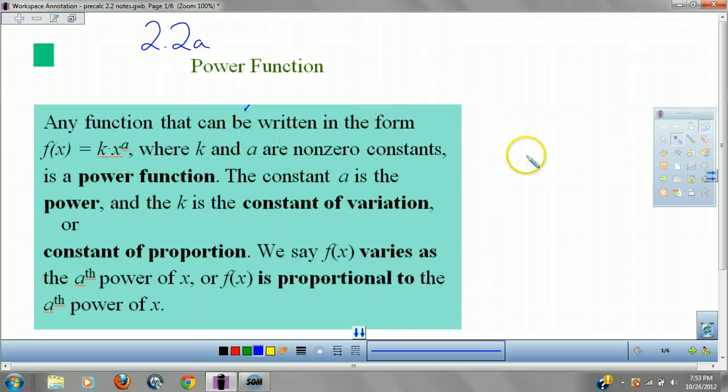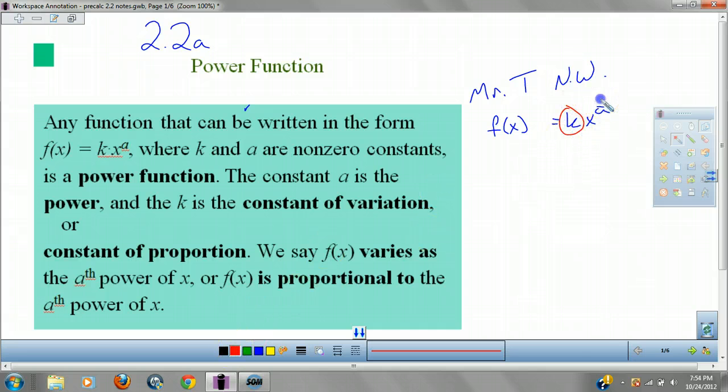Okay, power functions. Here, I'll put the Mr. T version over here, which is noteworthy, of course. Pretty much what it says is any function f of x that can be written as some k x to the a, where it's important that both k and a are not equal to 0, is a power function.